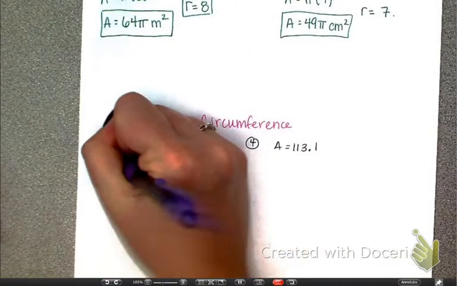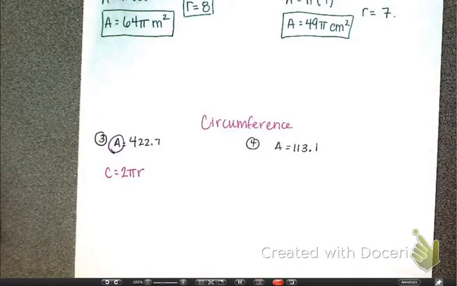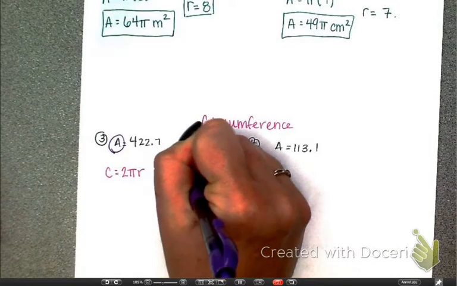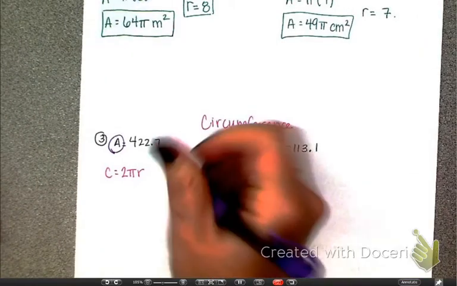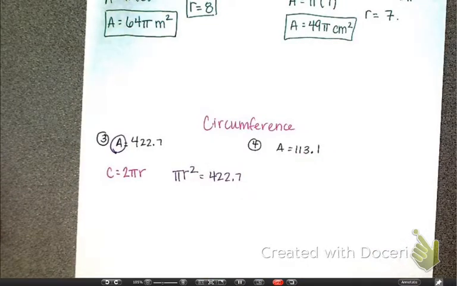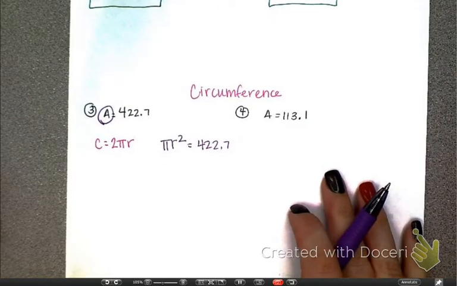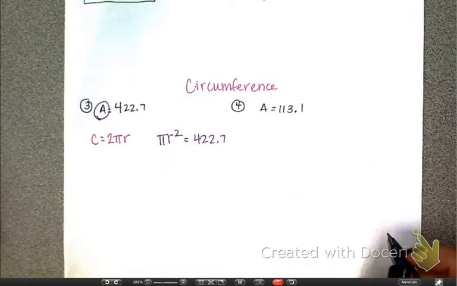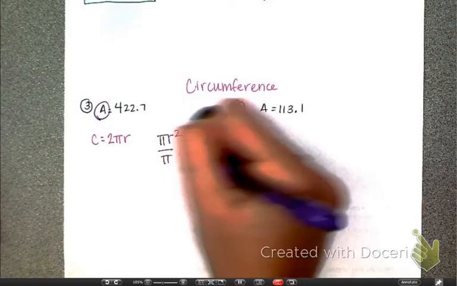What do I replace A with? Pi r squared. And that equals 422.7. How do I solve for r? Divide by pi.